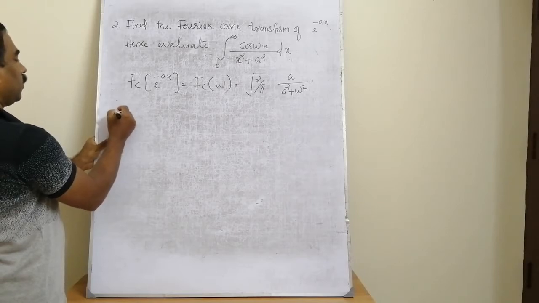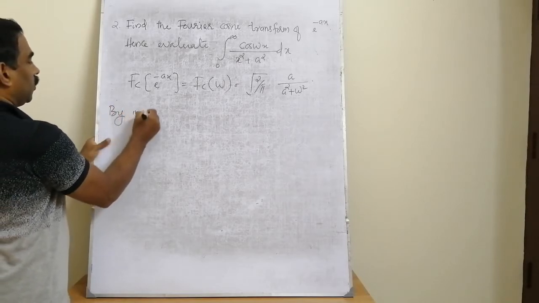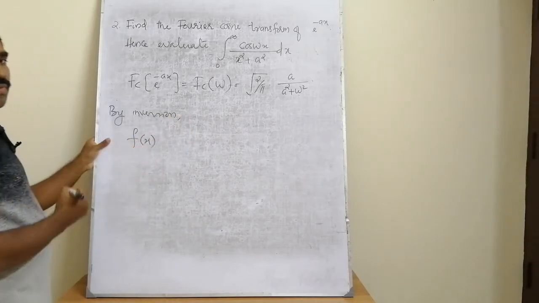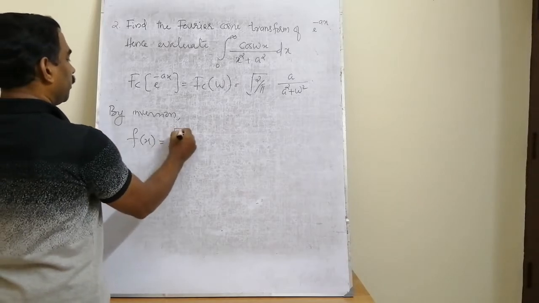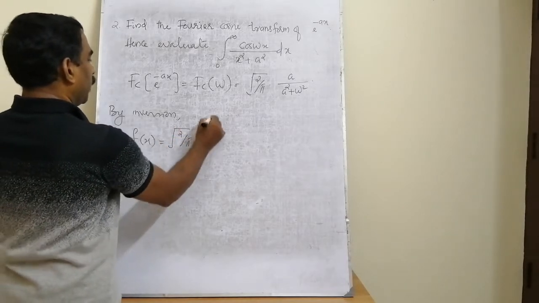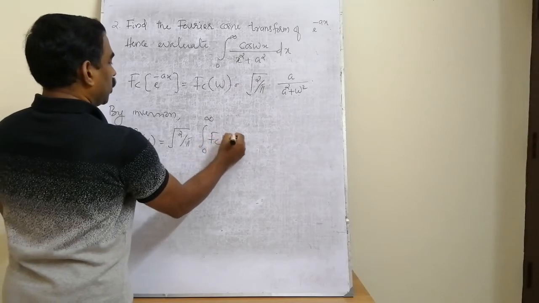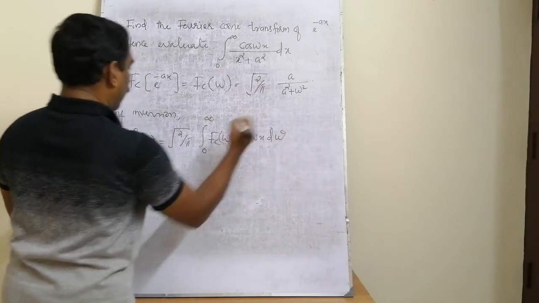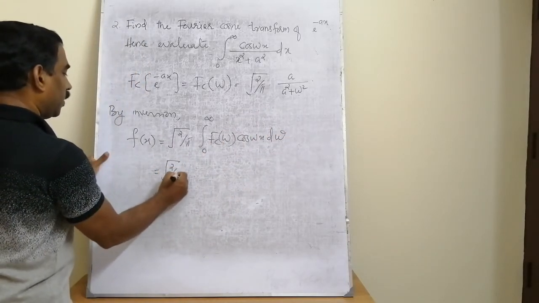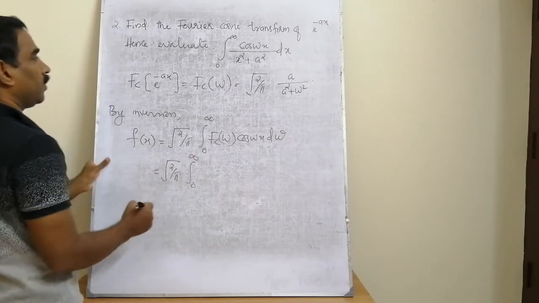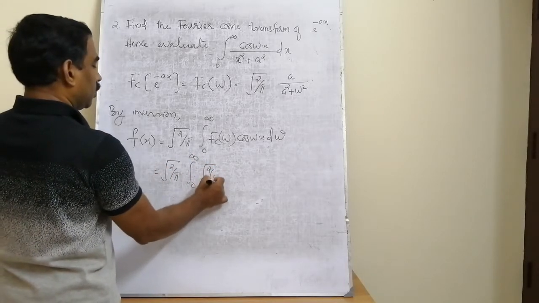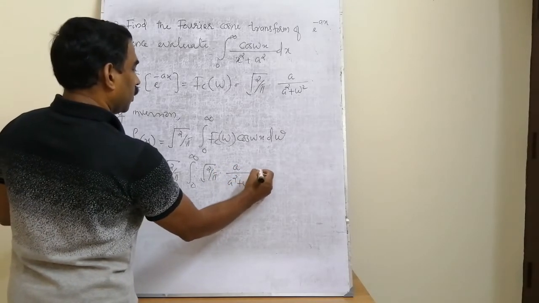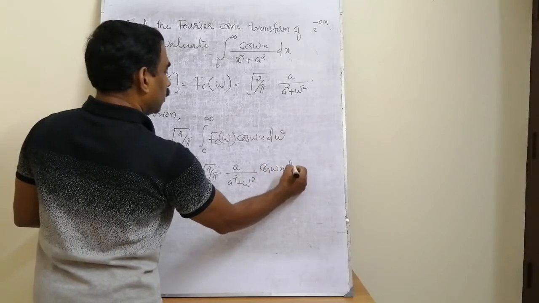So by inversion formula, the inverse Fourier cosine transform, that is f(x) equal to square root of 2 by pi integral 0 to infinity the Fourier cosine transform Fc(omega) into cos omega x d omega, equal to square root of 2 by pi integral 0 to infinity, copying this value, that is square root of 2 by pi into a by (a square plus omega square) into cos omega x d omega.